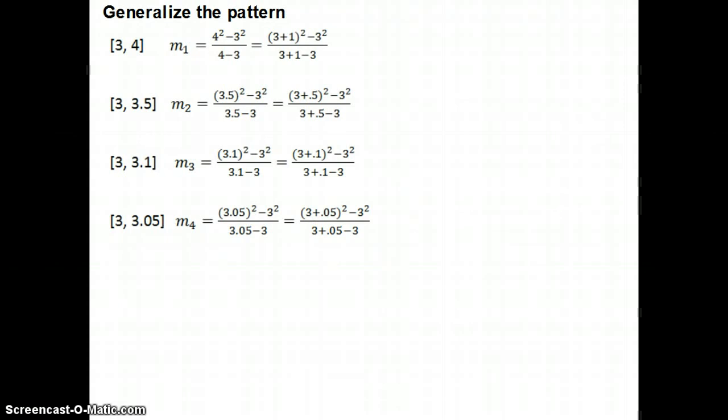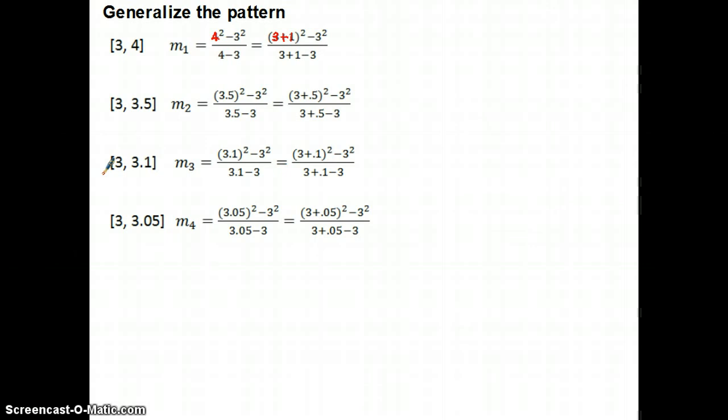So let's try and generalize the pattern that we've been looking at here. What I've done here is I've rewritten the slopes, the rate of change, so that the 4 is not just a 4. The 4 is represented as 3 plus 1. I'm showing how far away from 3 we actually are.